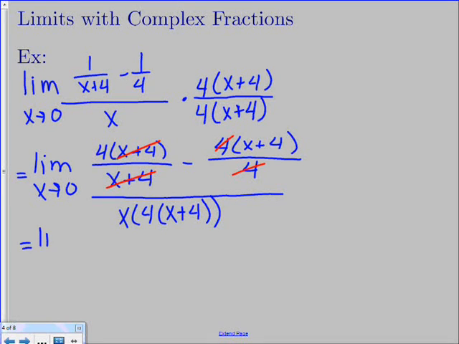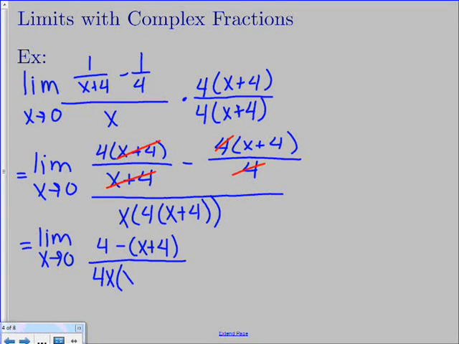If we simplify, we get the limit as x approaches 0 of 4 minus (x plus 4), and those parentheses are really important, you want to make sure you don't forget them because we have to distribute that negative sign, over 4x times x plus 4. Just going to move that 4 outside of the parentheses.